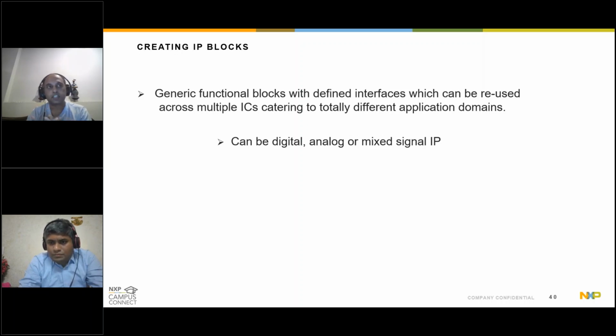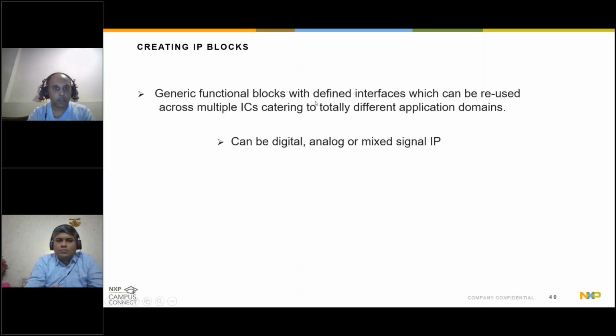Let's say in your SOC you need an Ethernet interface, but there could be 7 other products you are doing in parallel which again need Ethernet, right? There is no point in 10 people in the same company building the Ethernet 10 times. You can build Ethernet once, and then those 10 products could utilize the same Ethernet module in their own product. That is just one example of what IP blocks may look like.